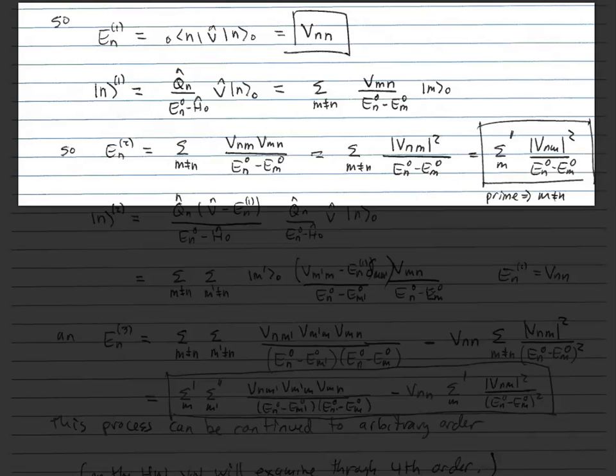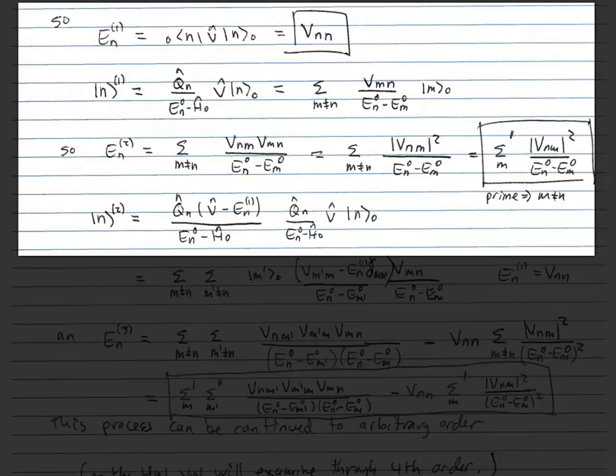And the way we like to write that is the sum over m with a prime of |Vnm|² divided by (En⁰ − Em⁰), where the prime indicates you exclude the indices where that denominator would be equal to 0.